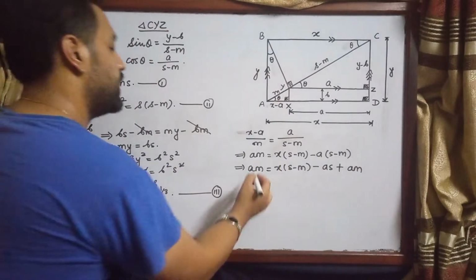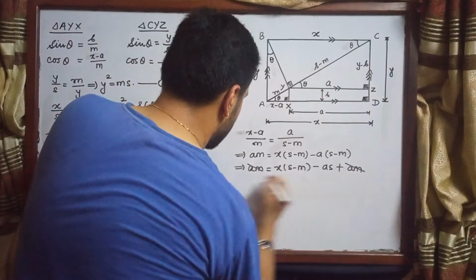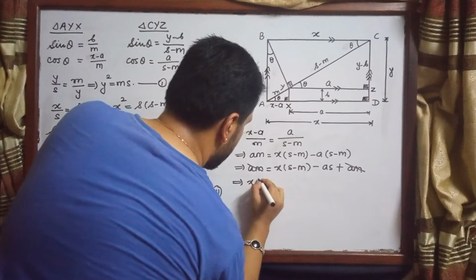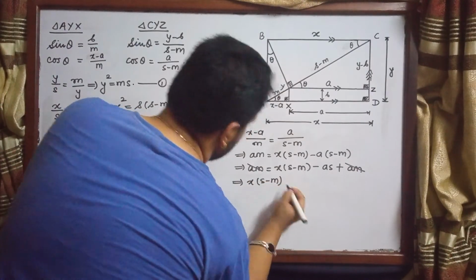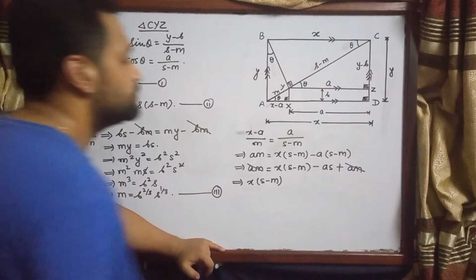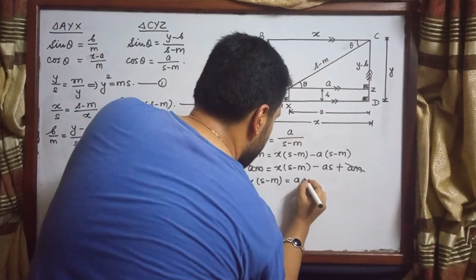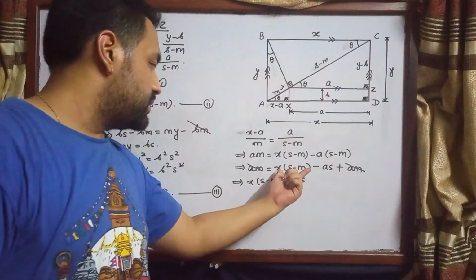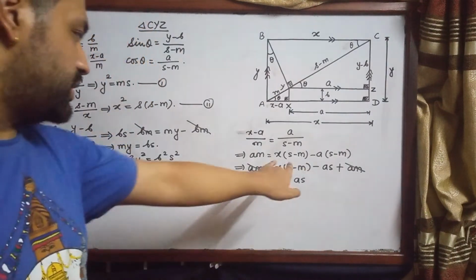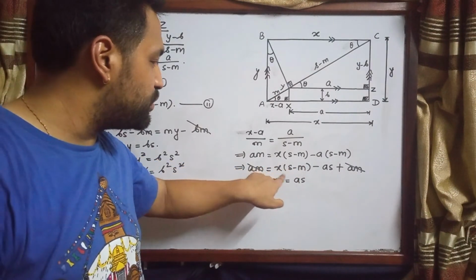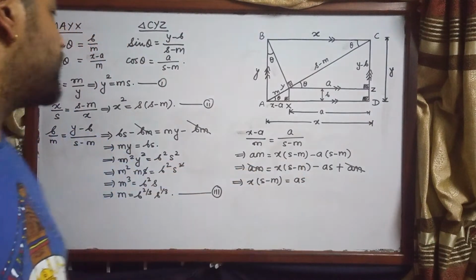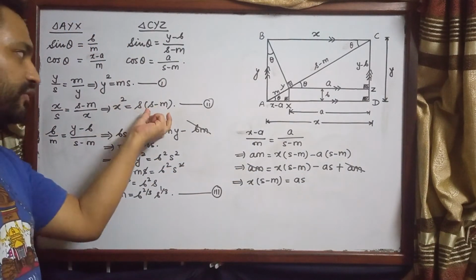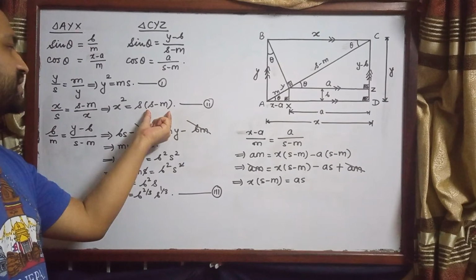All right, and we can cancel out this am with this am, so that we get x times s minus m to be equal to as. All right, we did not expand this term, we didn't distribute x in this product, because we're going to use this, and it involves s minus m as a factor.